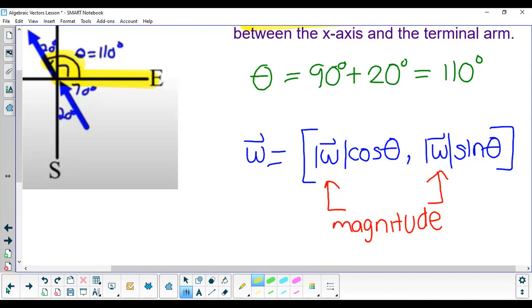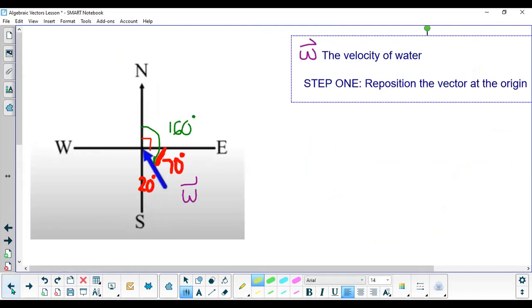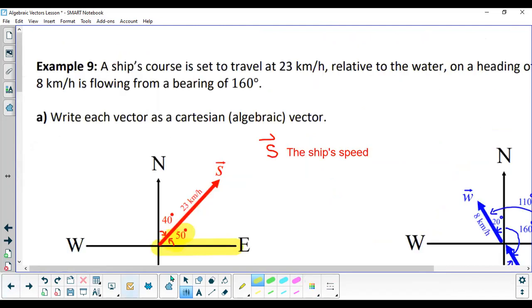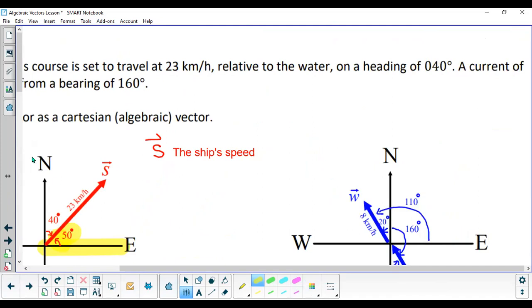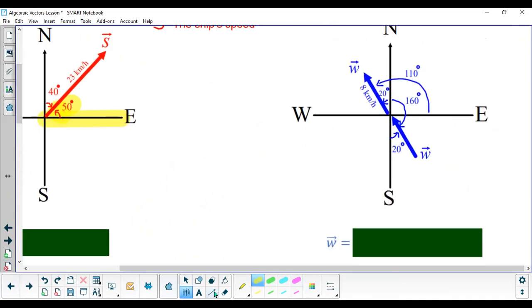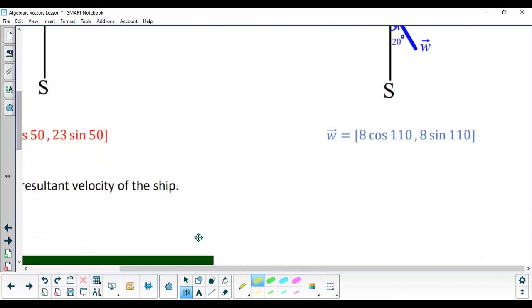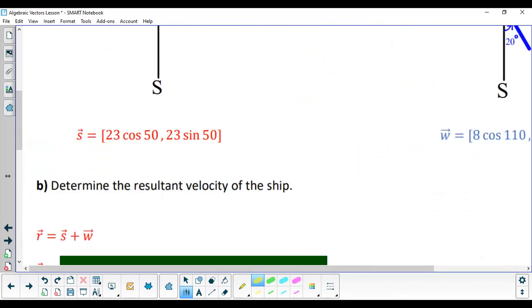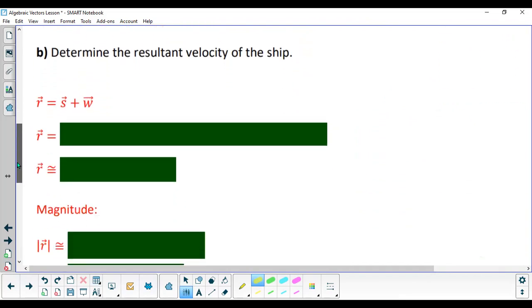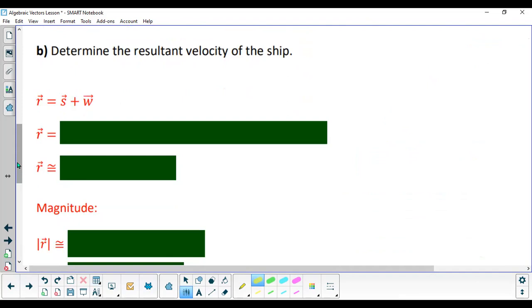So now we take this very complicated solution that I had written initially, and I've broken it down to have the angles make sense. So last part, I swear, we have our W, we have our vector S. Instead of positioning things tail to tail, tip to tail, whatever you wanted to do, this time it's very easy to determine the resultant velocity of the ship.